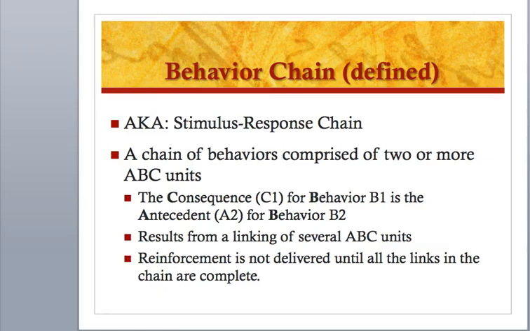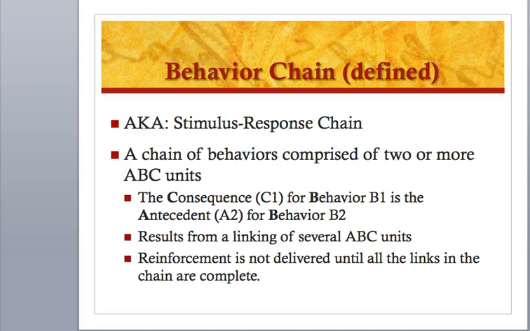A behavior chain, also known as a stimulus response chain, is basically a chain of behaviors that are comprised of two or more complete ABC units of behavior. So, a series of two or more three-term contingencies.